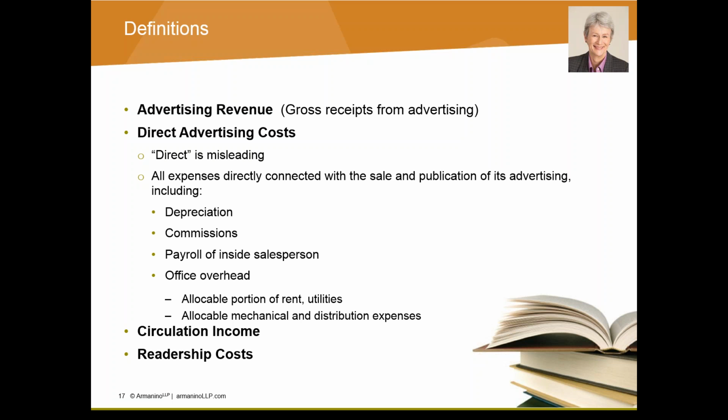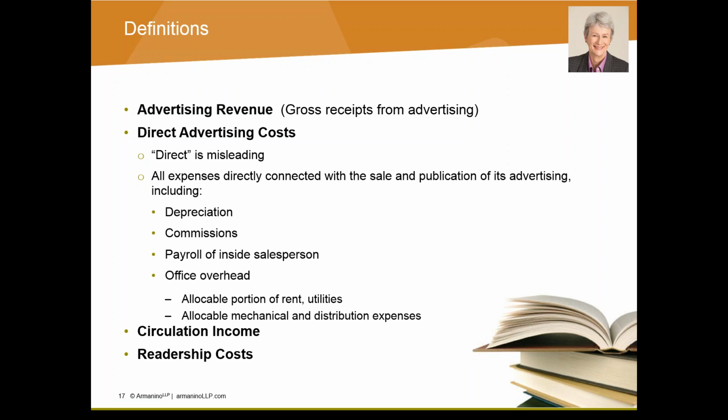Because you can see from the examples on your slide about what expenses may be taken against advertising revenue, it's clearly not just what we would normally call direct costs. It includes depreciation. Now, the commissions, of course, we would normally consider direct, and probably the payroll of the inside salesperson that's handling our advertising.